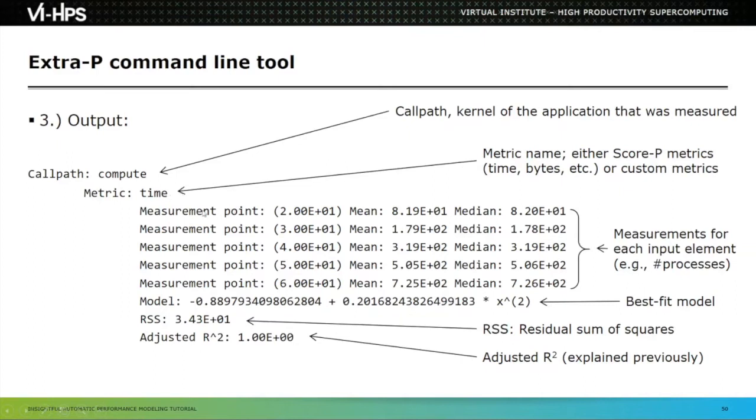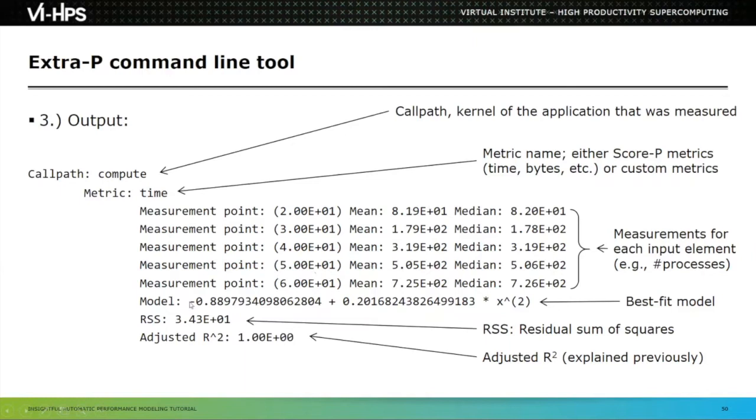Then we can see the measurement points with the values that were measured for the different configurations of our application. Let's assume we have our number of processes and we ran it for 2, 3, 4, 5, and 6 processes. For each of them, from the different repetitions, we computed a median and a mean value, and we use these for modeling.